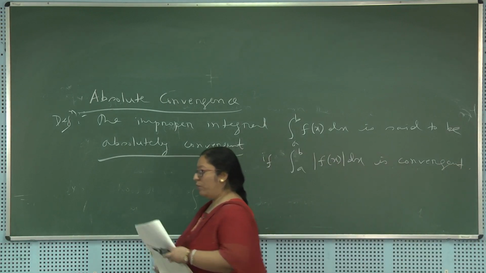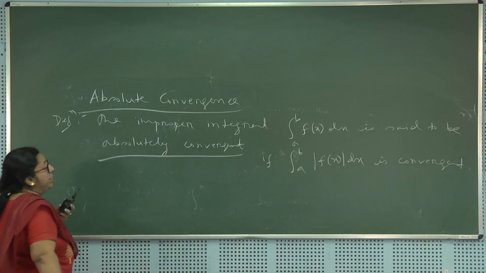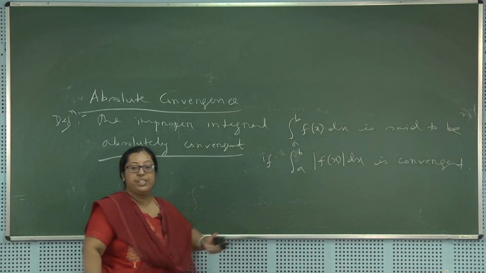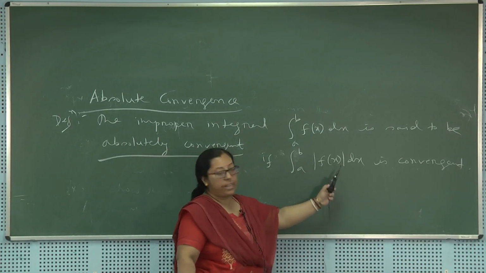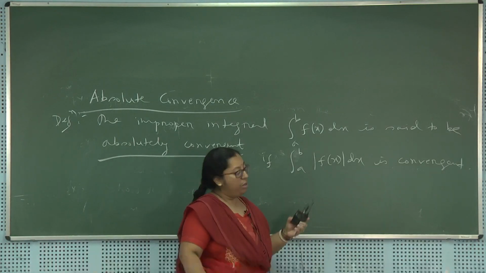So, when we say absolute convergence, we mean that we will say our integral a to b f(x) dx is convergent if we can show that its absolute value is actually convergent, that is, integral a to b mod f(x) dx is convergent.